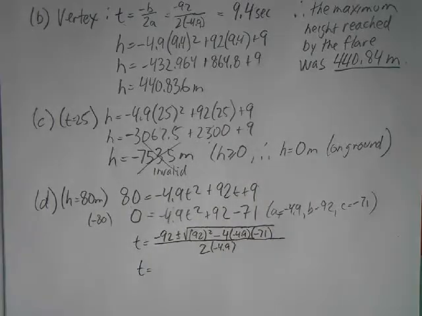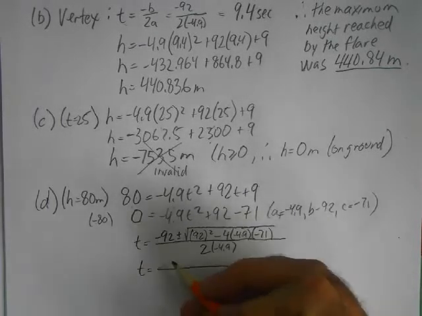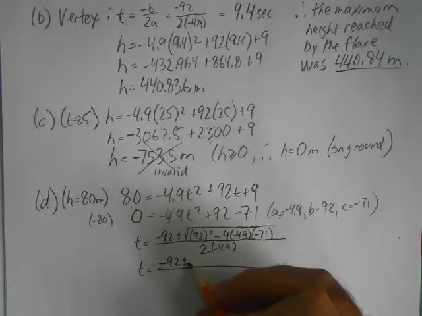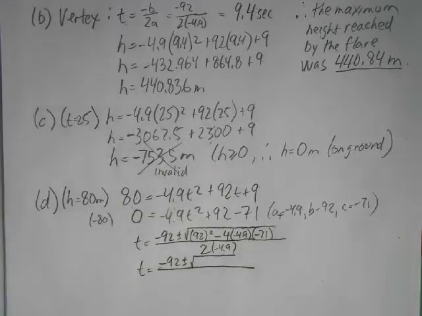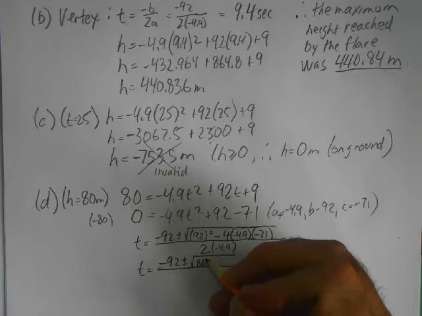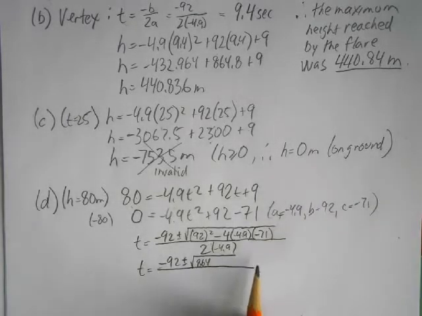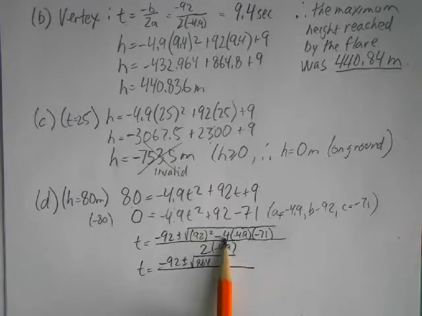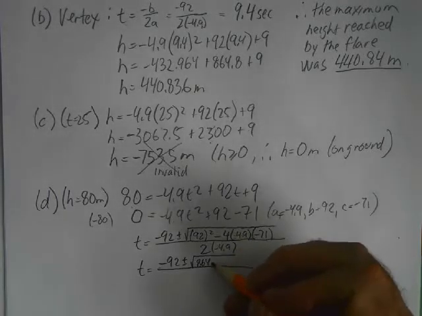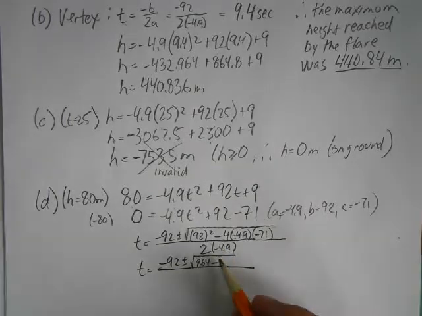I'm just going to speed this up a bit. So I've got negative 92 plus or minus. Now, 92 squared is going to be 8464. And for this one here, remember our little trick: we count up how many negative signs there are. I've got 3 negative signs, so I know my answer is going to be negative, or a subtraction sign.